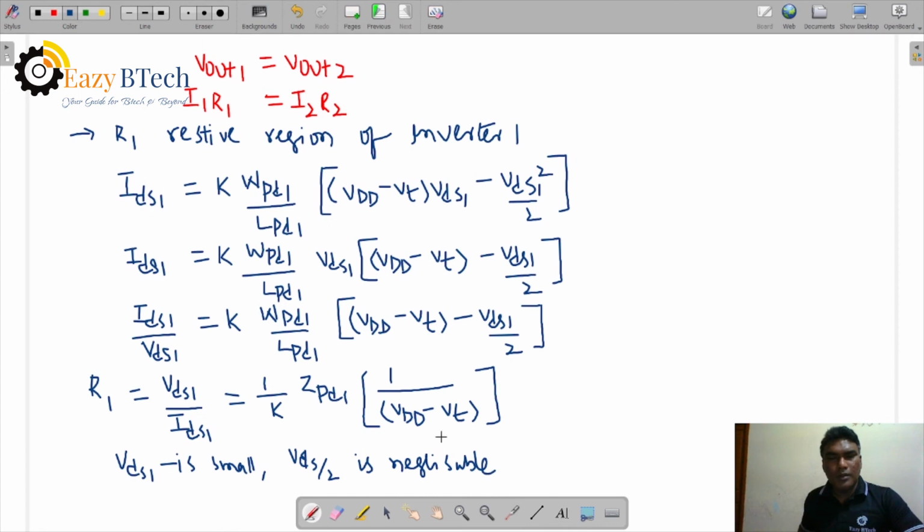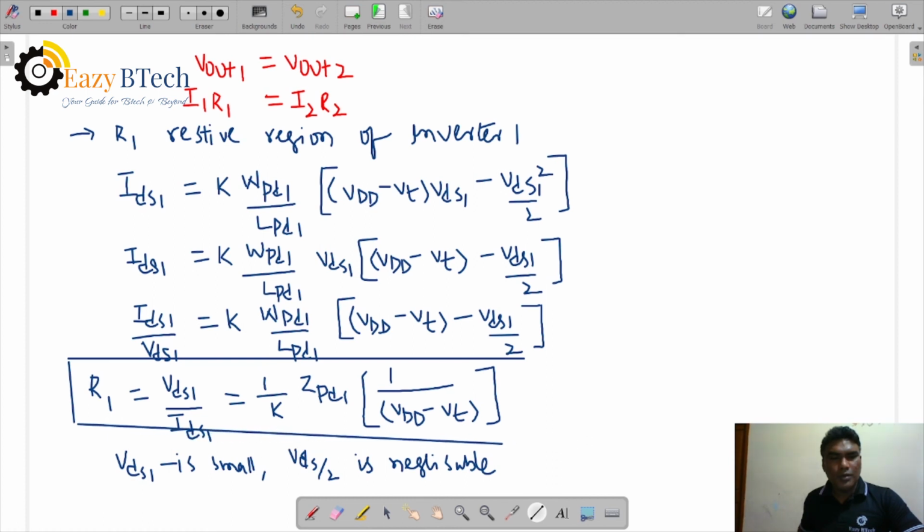So this is R1, the resistive region of inverter 1. Put it in a box. Let us find out this R1.